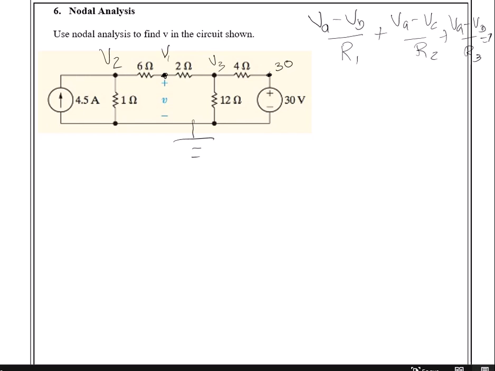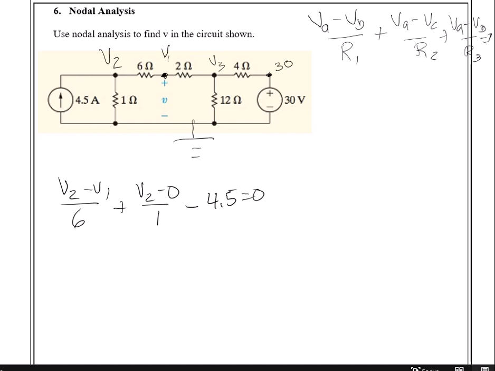So the way I write this is V2 minus V1 over 6 plus V2 minus 0 over 1 minus 4.5 equals 0, which is exactly the same as setting it equal to 4.5, but that's how I write it. So that is my node equation for V2.